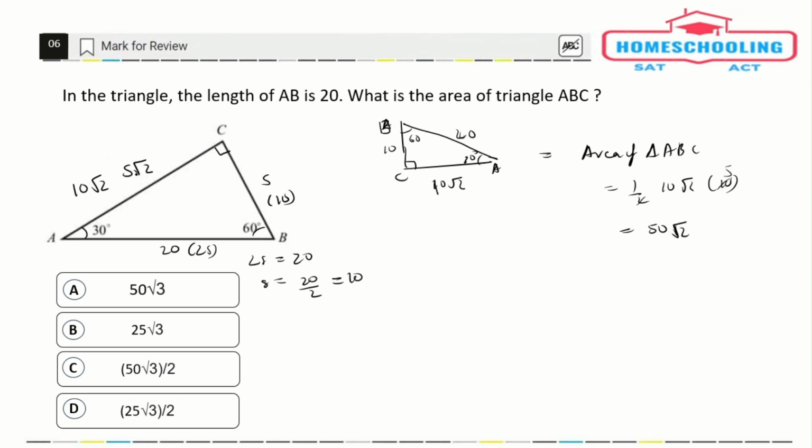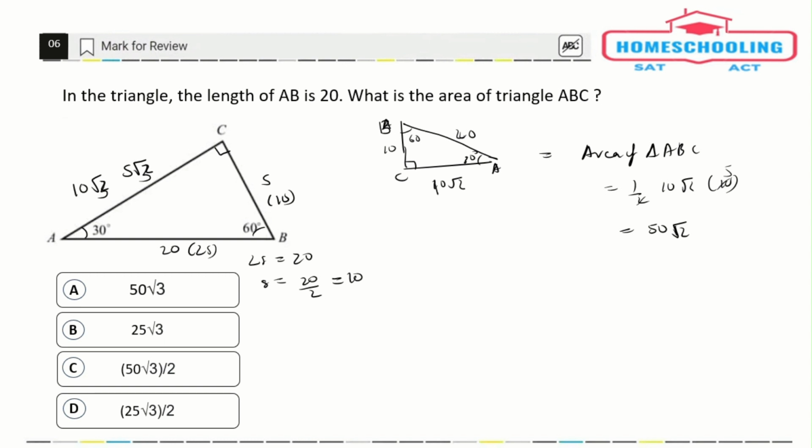Sorry, I made a mistake here. This one would be s root 3. Opposite to 60 is s under root 3. So this one would be 10 root 3.